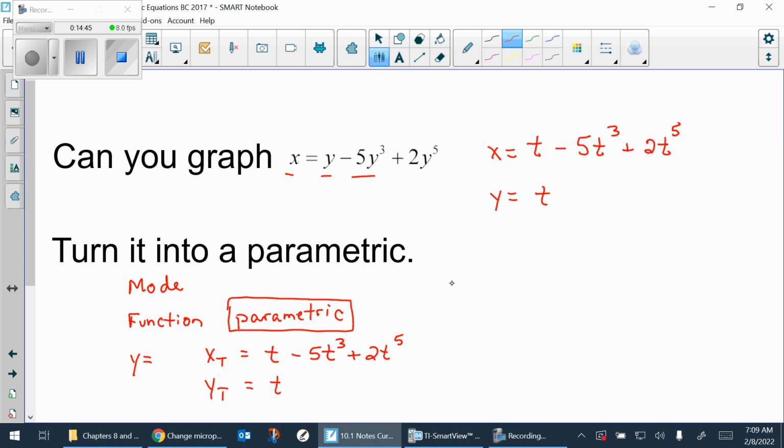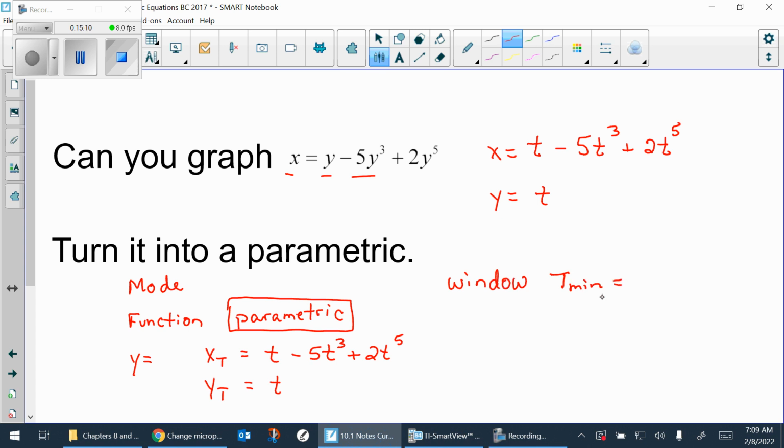When you go to window, when you're in parametric, you go to window. The first thing you see is T min.